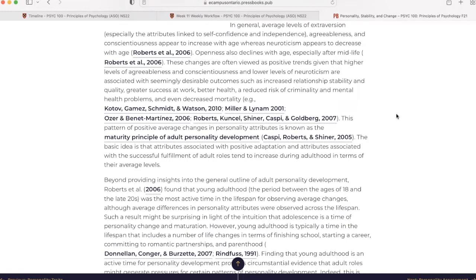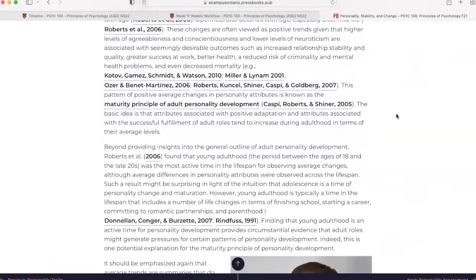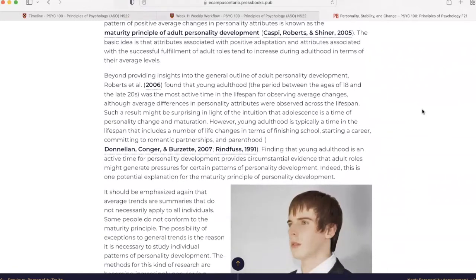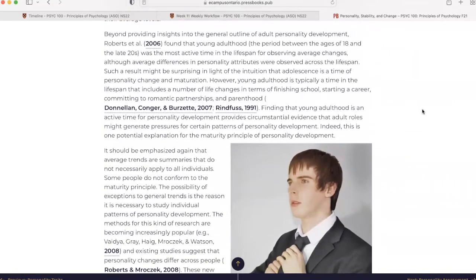This pattern of positive average changes in personality attributes is known as the maturity principle of adult personality development. The basic idea is that attributes associated with positive adaptation and attributes associated with successful fulfillment of adult roles tend to increase during adulthood in terms of their average levels.